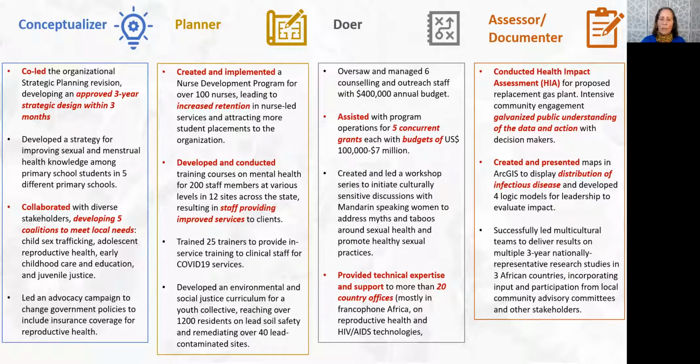Under the doers, many times they can include project management achievements, such as overseeing and managing a budget of X size, a team or a staff of X number of people, or a variety of grants, or all of the above. But let's look at the bottom one that says provided technical expertise and support to more than 20 country offices.